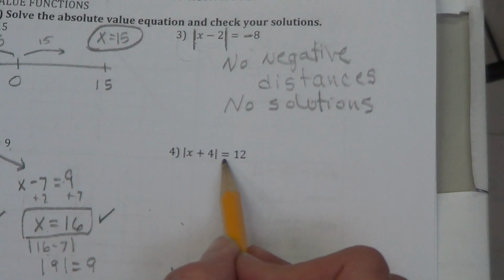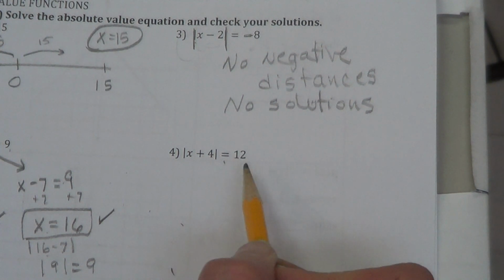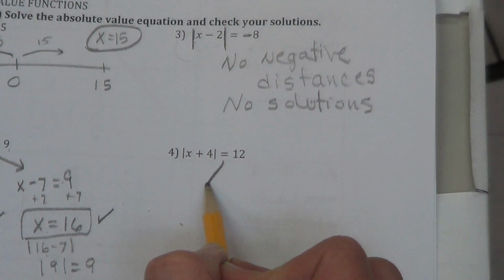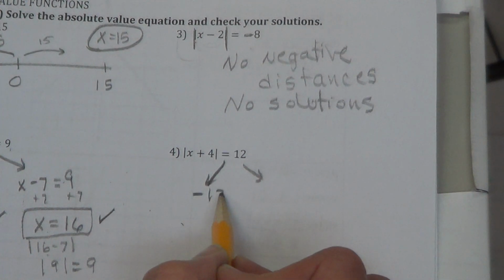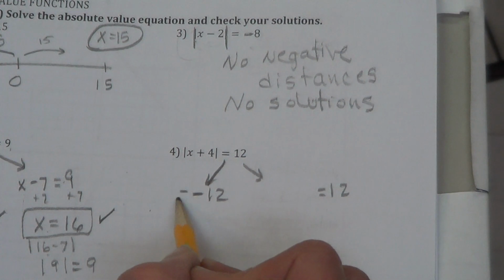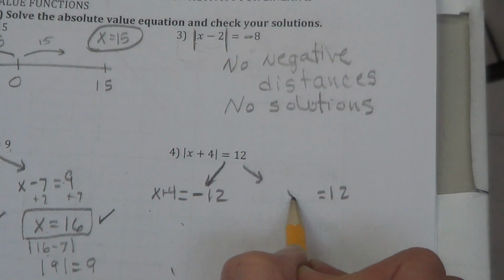Here comes a problem where we're going to open the closet doors. Pause the video, and solve this, and then turn it back on. We give our two options to run, negative 12, positive 12, have our equals, x plus 4, and x plus 4.